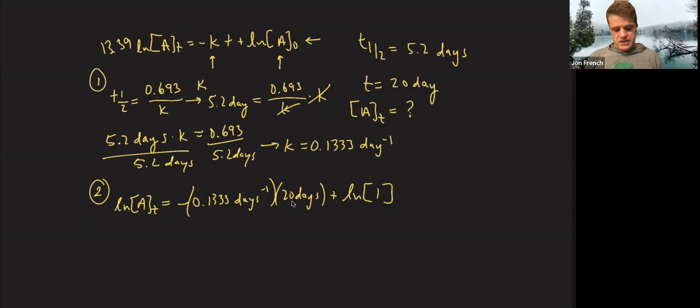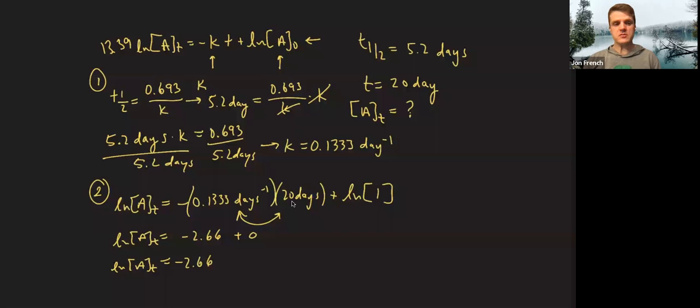So if we multiply these two together, all right, I get natural log of concentration at time t equals a negative 2.66 plus the natural log of 1, which is 0. So natural log of concentration at time t equals negative 2.66.